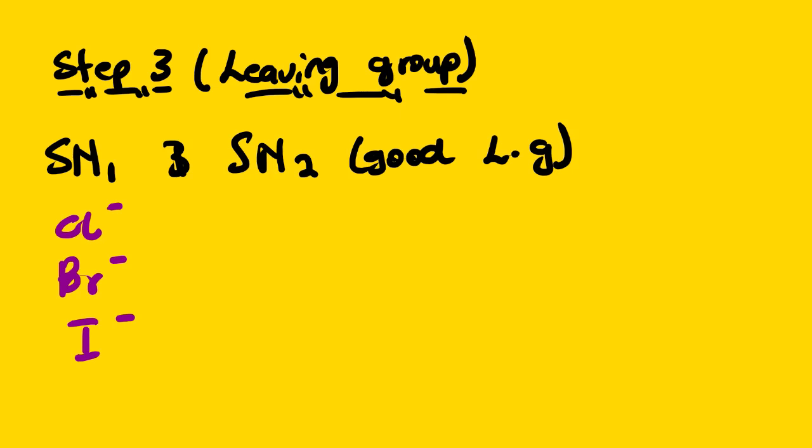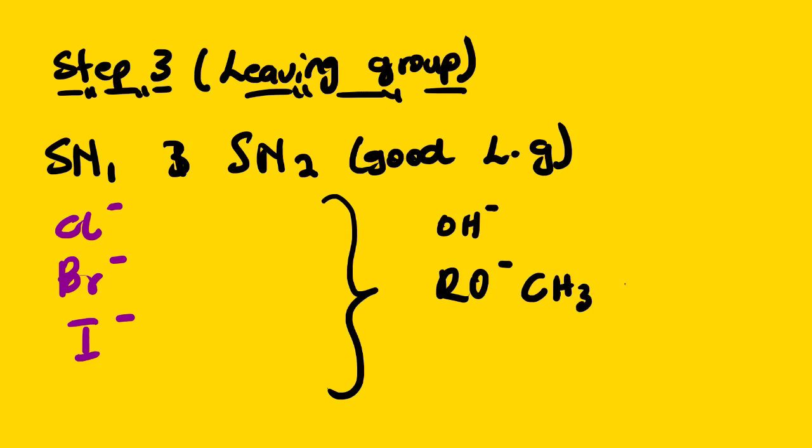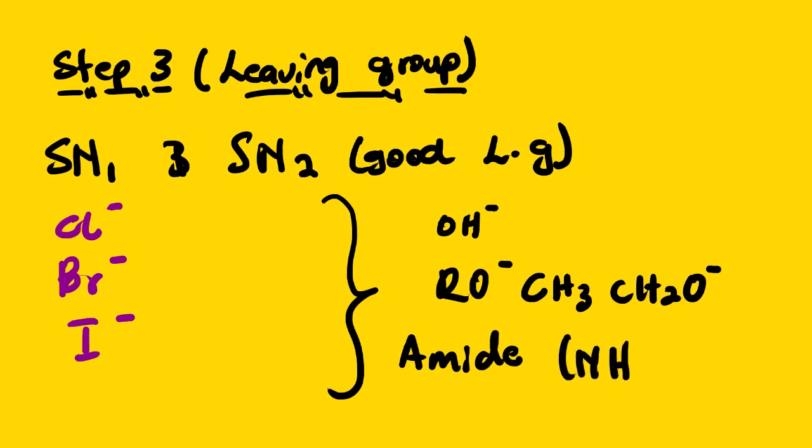And there are those molecules which will never ever be leaving groups, like the hydroxide. This cannot be a leaving group. The alkoxide, it can be CH3CH2O minus. Cannot be a leaving group. We have the amide. They also cannot be leaving groups.